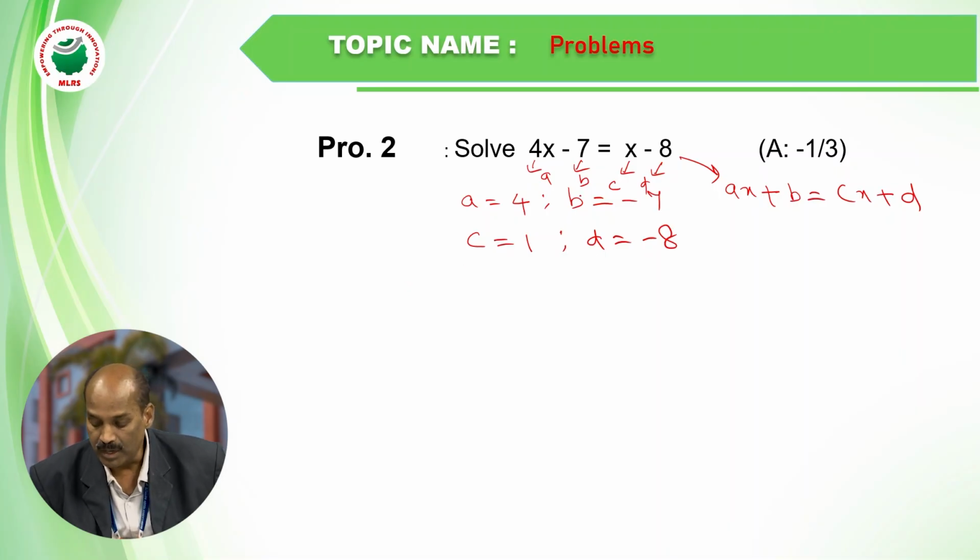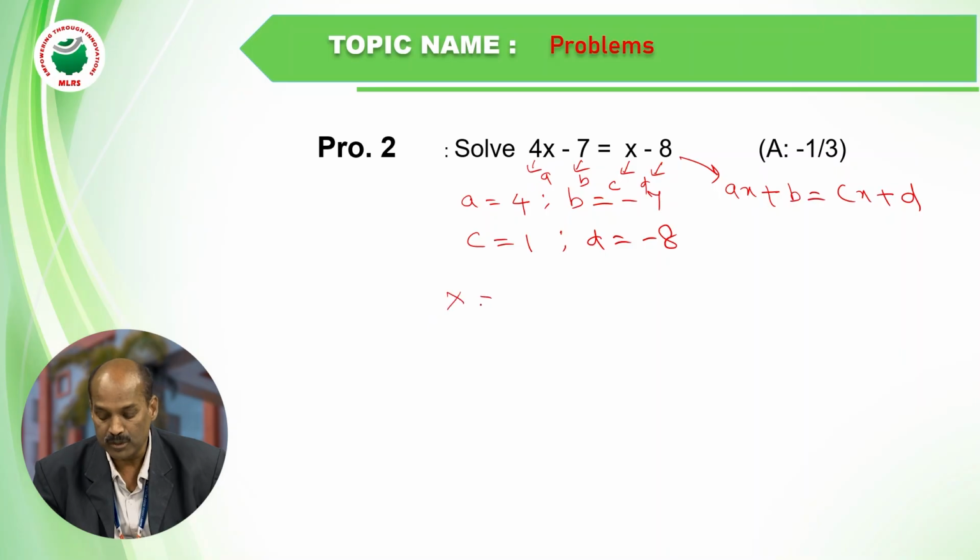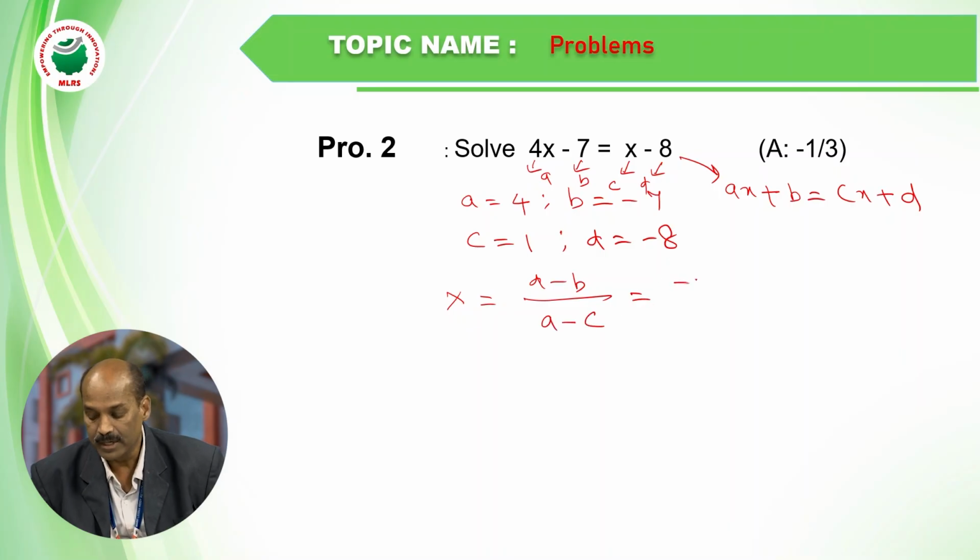So here d is minus 8 and b is minus 7, therefore these two are not equal. Therefore what is the formula here? Solution is d minus b by a minus c. What is the d value? Minus 8, and minus of minus 7, by a 4 minus c 1. So what is the answer here?